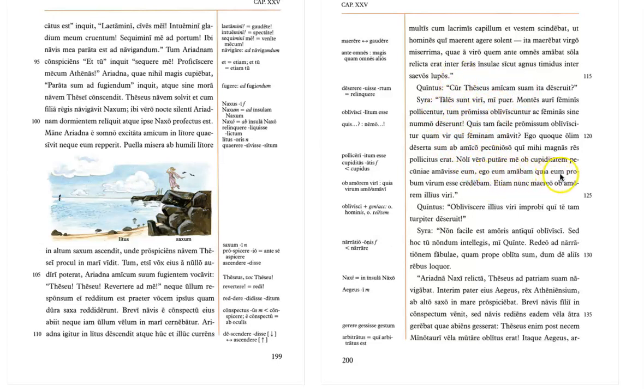Ego eum amabam quia eum probum virum esse credebam. I was loving him because I was believing him to be a good man. So literally, him was loving because him, good man to be, I was believing.